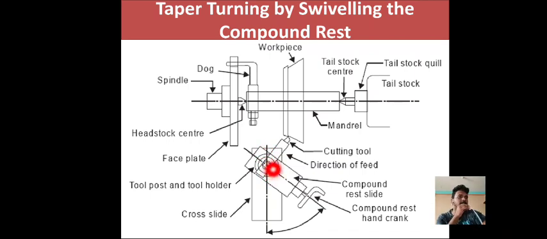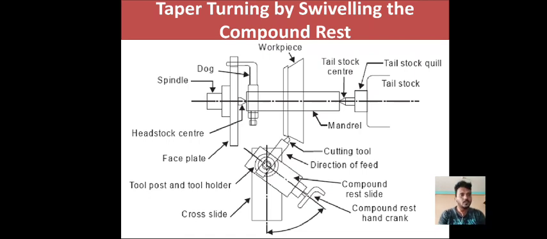For getting the taper, what happens? The axis is swiveled to an angle of 45 to 60 degrees, so that the tool will be tapered or beveled.